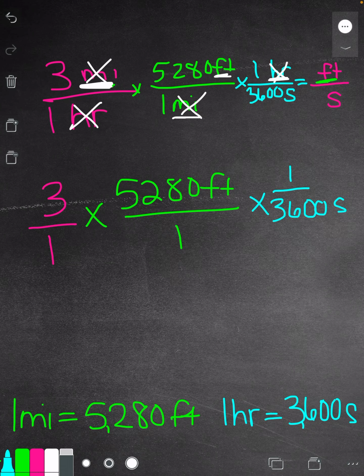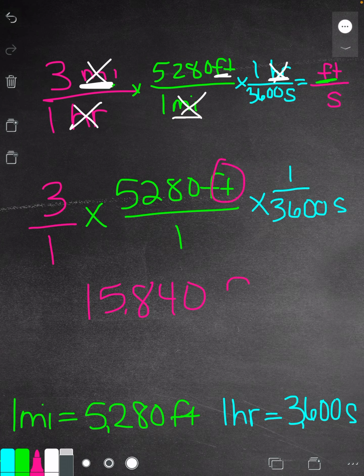So we have 3 times 5,280, also times 1. 3 times 5,280 is 15,840, just like it was before. If I multiplied that by 1, I would end up with the same thing.